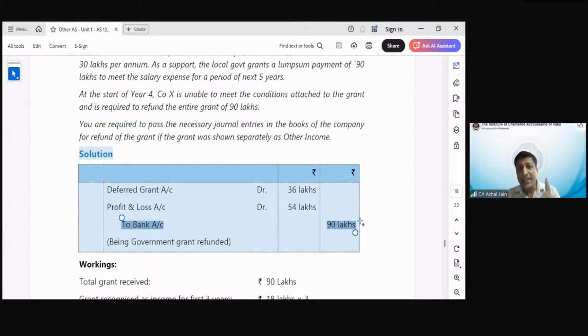The standard says any deferred income balance that you have, make it zero first of all. So we'll take the impact to deferred income balance first of all. And the balance impact will go to P&L. So this is going to be your balancing figure. So the balance impact goes to P&L. That is 54 lakhs.